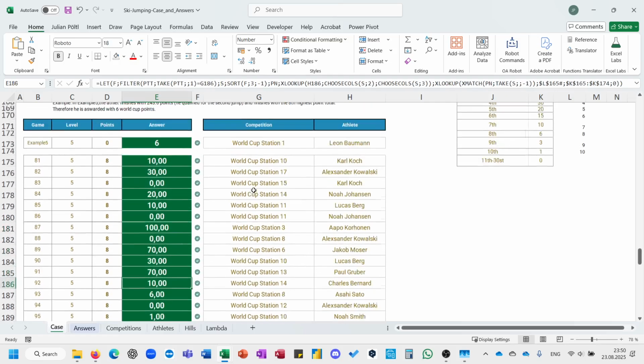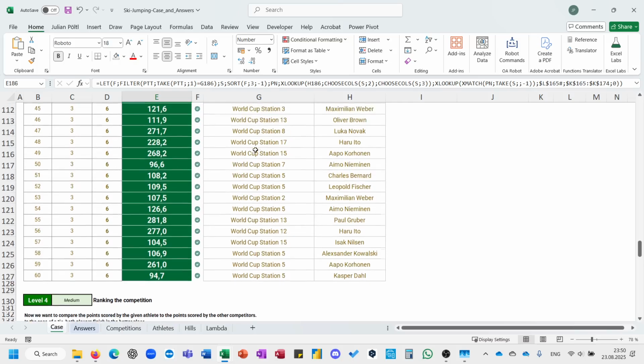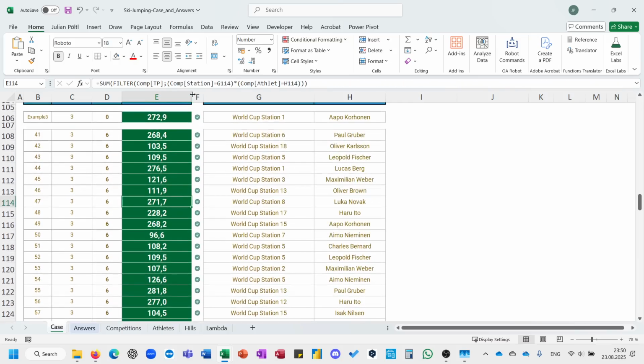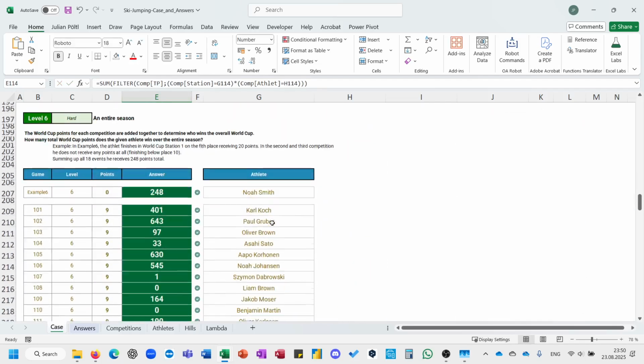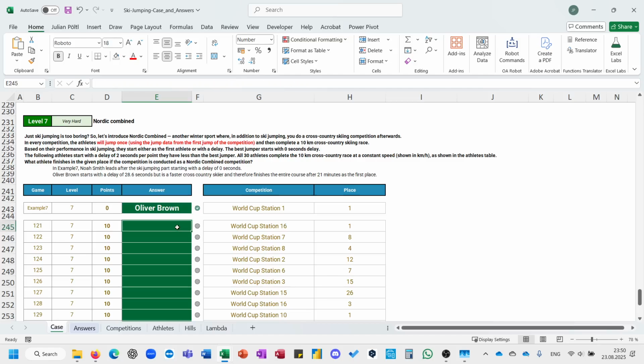Instead of entire season, I want to have the points here, but I can basically do an XLOOKUP. Yeah, make it from scratch.